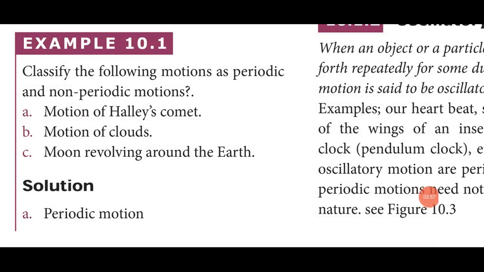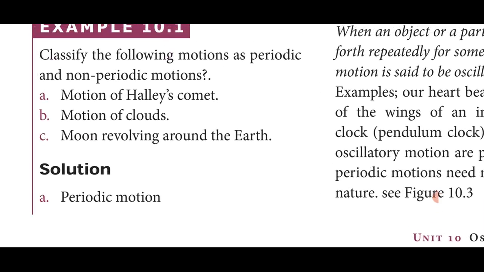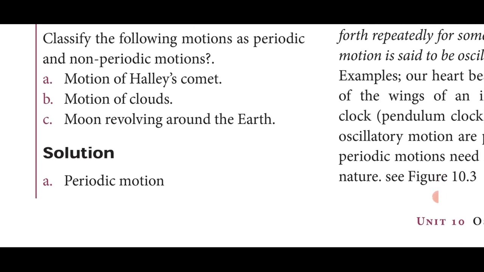What is next? We are going to pass on to the examples. Some things will be given to you and you have to find out which are periodic and non-periodic motions. The motion of Halley's comet, the motion of the clouds, and the movement of the moon revolving around the earth are given.